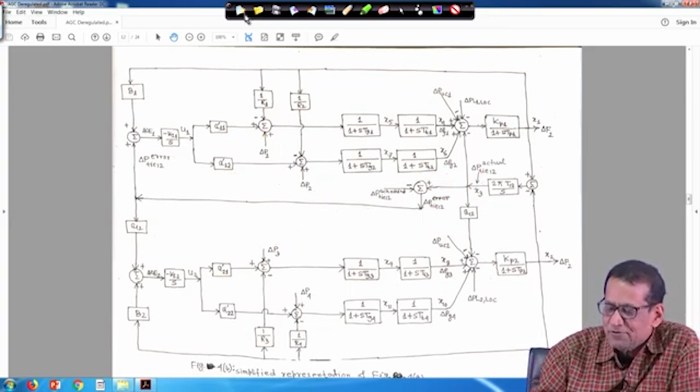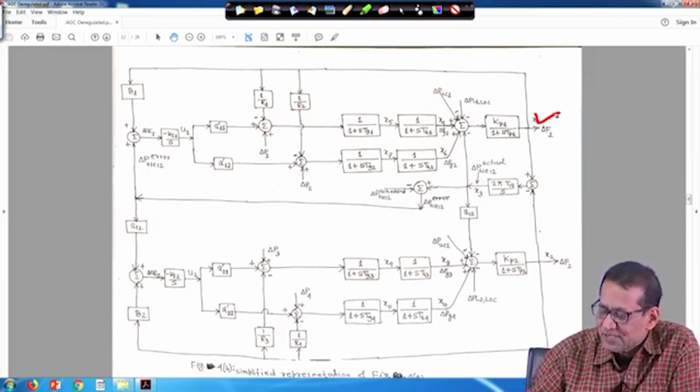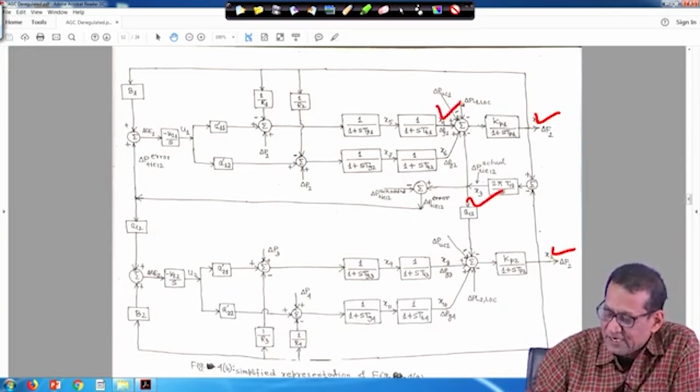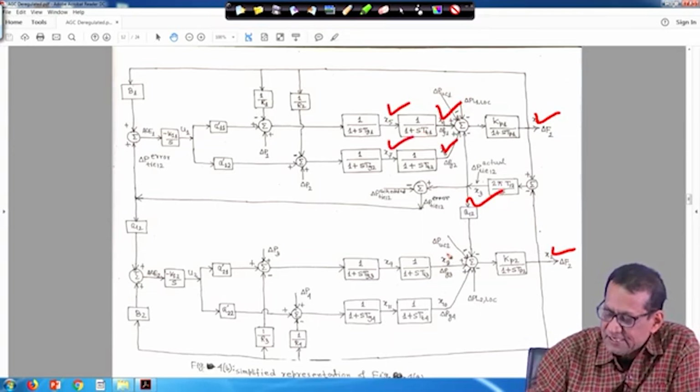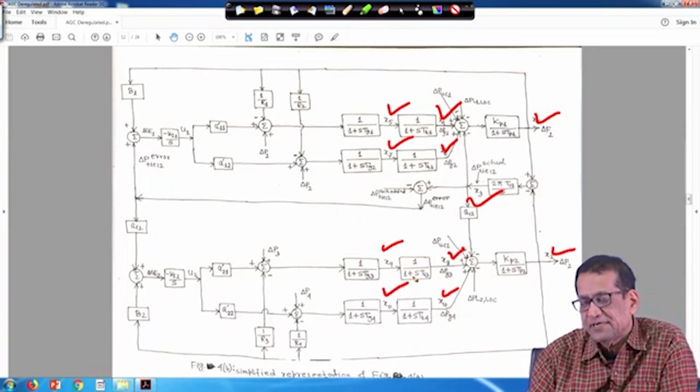So, if you look into that, how many state variables do you have? This is x 1, this is x 2, this is x 3, this is x 4, right, and this is your x 5, x 6, x 7, x 8, x 9, x 10, x 11. So, there are 11 state variables, right.